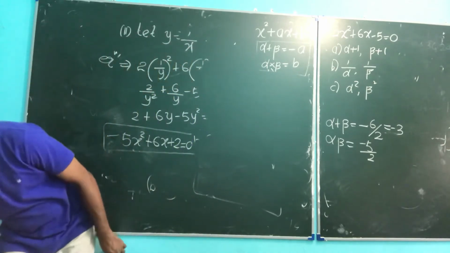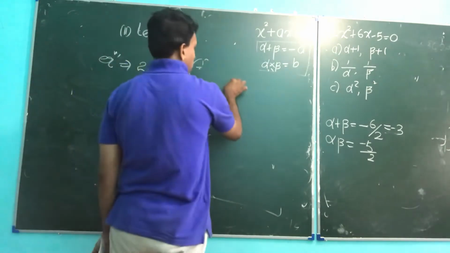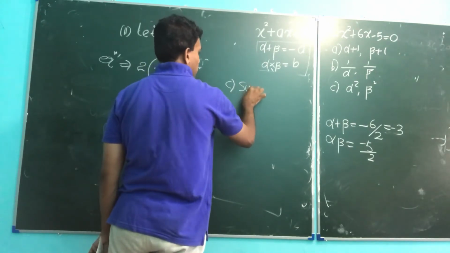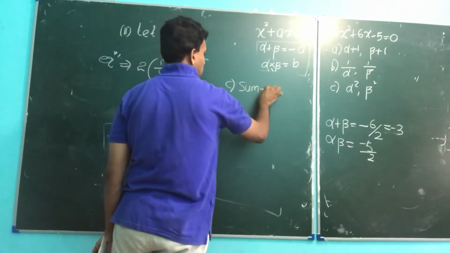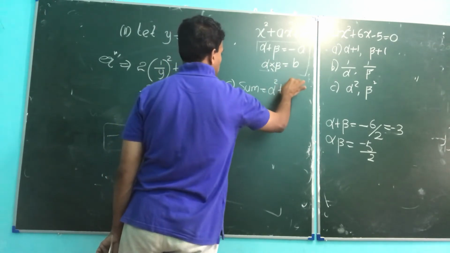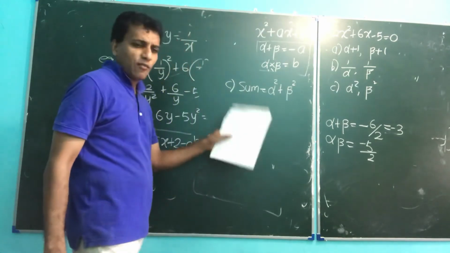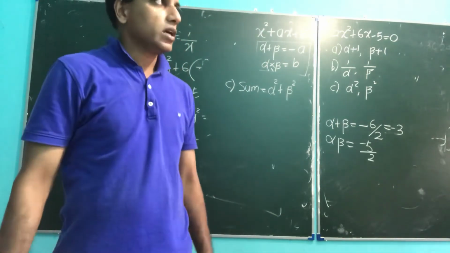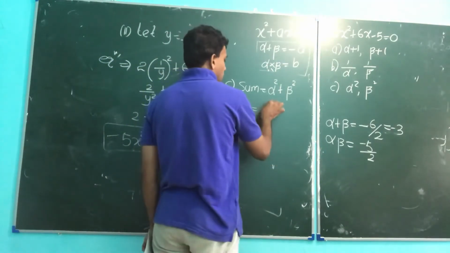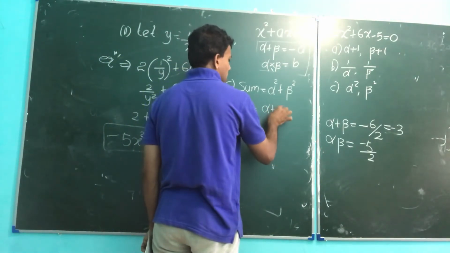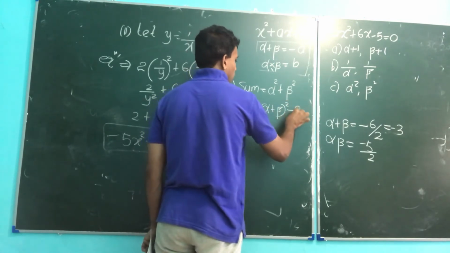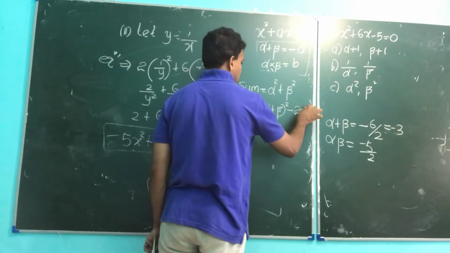So find separately the summation for the part C problem. For the third part, what is the summation alpha square plus beta square? Now see, I said every problem we have this completing square pattern. Now you write alpha plus beta completely square, subtract what? 2 alpha beta.